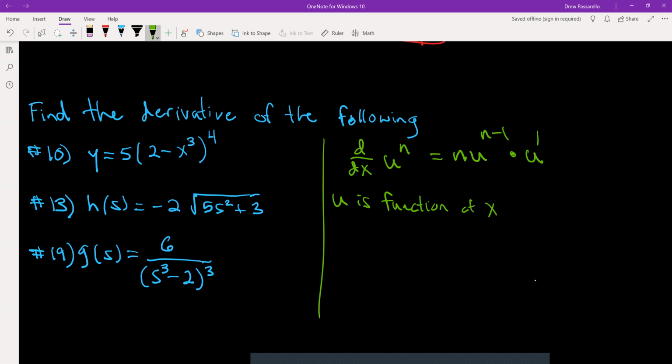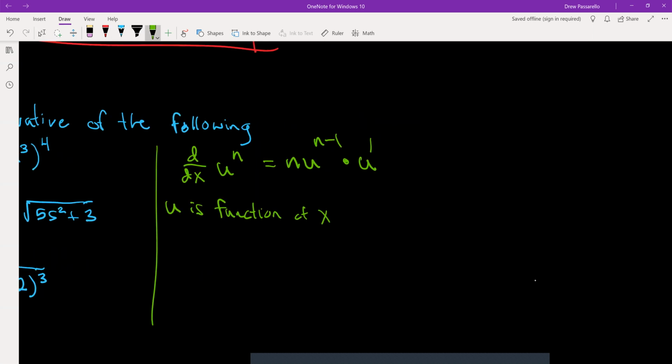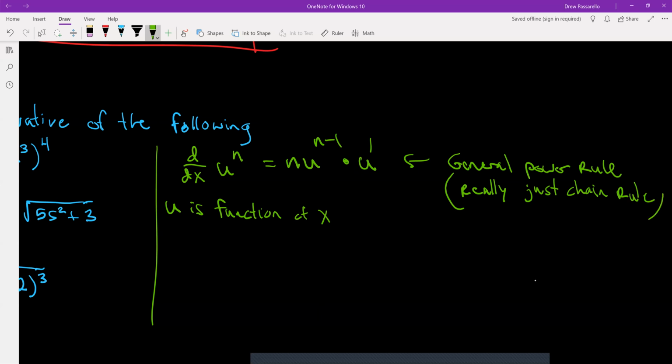U is considered the inside function, and the outside function is dealing with the operation of an exponent. And so this is referred to as the general power rule. And it's really just the chain rule. So I think of the operation as raising something to some exponent.